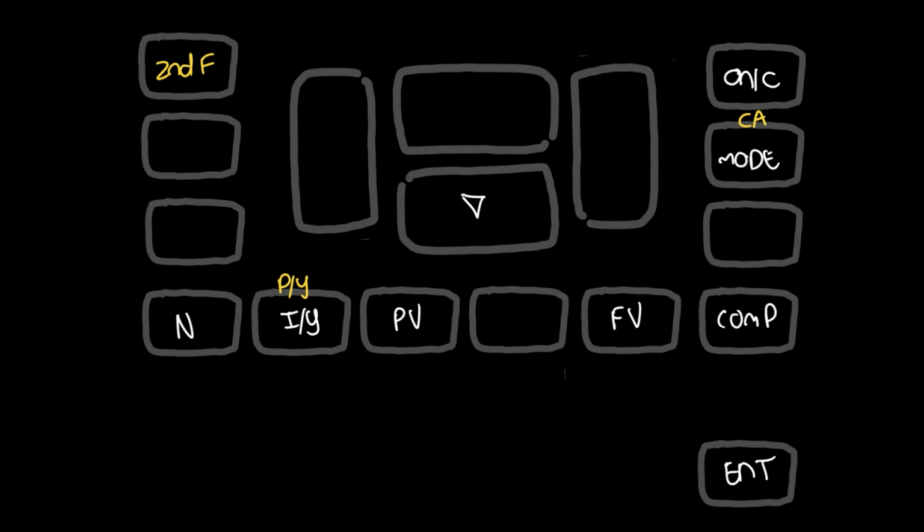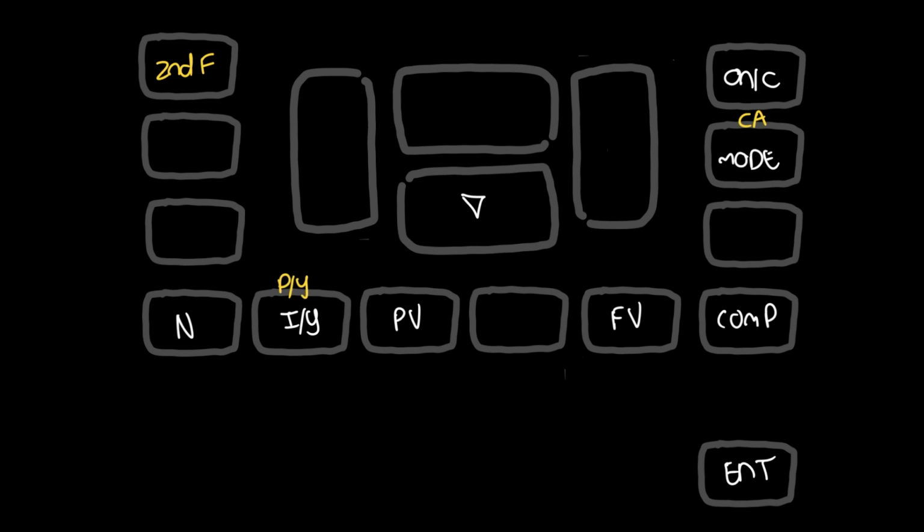The process will go pretty much like this: you put your calculator on by using the ONC button. Then you clear your information by using the second function button and then the CA, which is the mode button. Then you put in your payment periods, which correspond with your compounding period. You say second function IY to get the PY showing up on your screen.